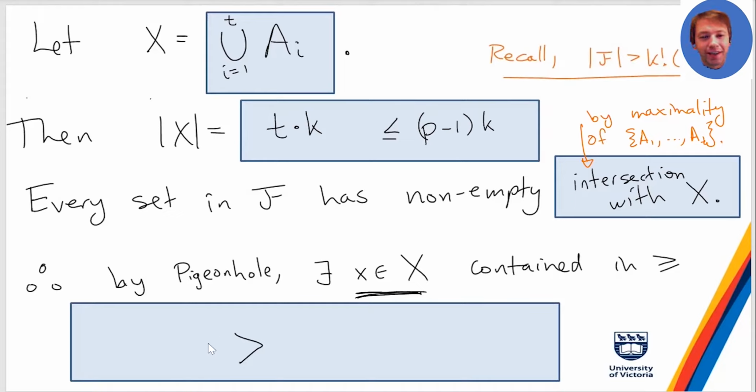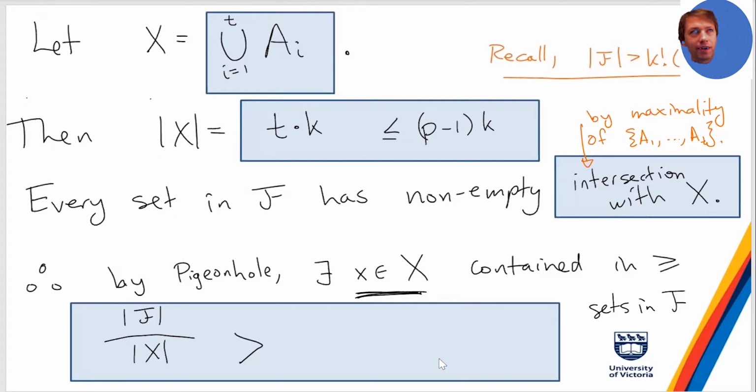Every set in F contains at least one thing in X, and I want to say that there's something in X contained in a lot of sets in F. To finish the sentence, it's contained in at least that many sets in F, but I'm also going to write another inequality. But is that clear?